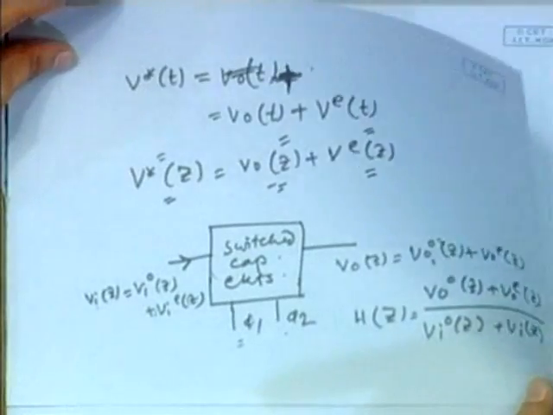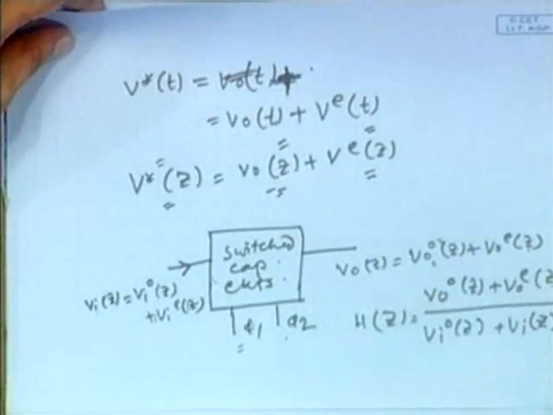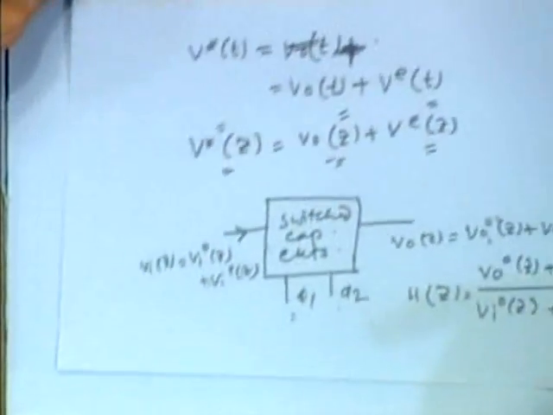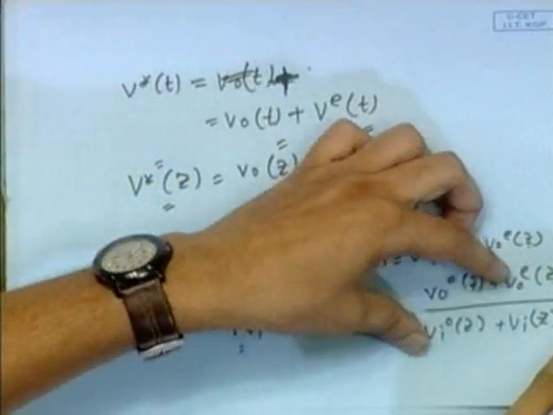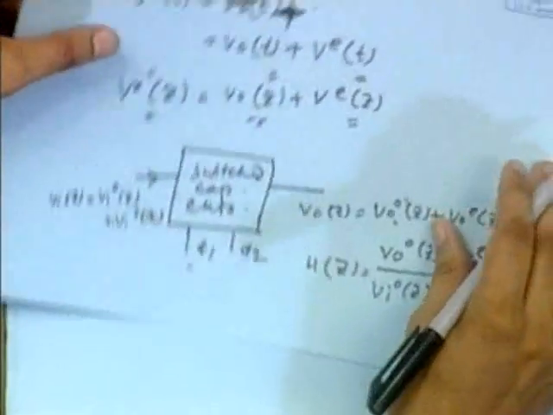Now this is a sampled, discrete-sample architecture, one type of it. Now how can we map this with the continuous frequency response? Z is used for the discrete samples.